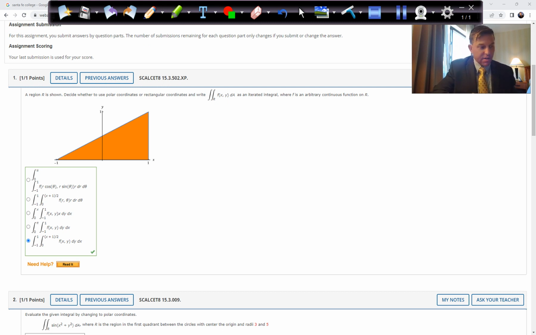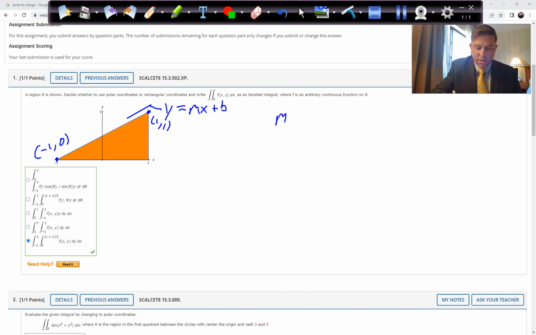the limits of integration. So one of the main things is we have to find the equation for this line. So this line is going to be some mx plus b. And so we just need the slope formula to figure this out. So we have a point at minus 1, 0, and we have a point at 1, 1.